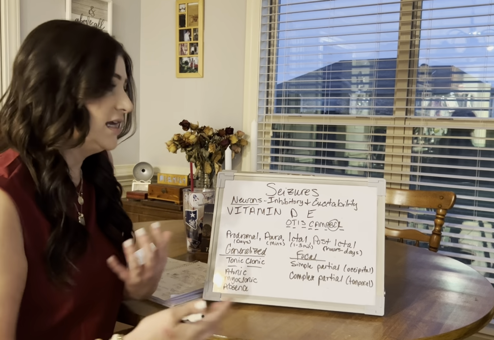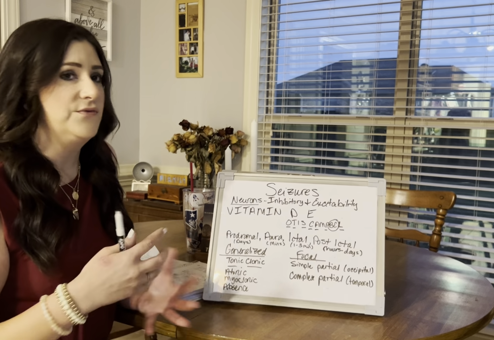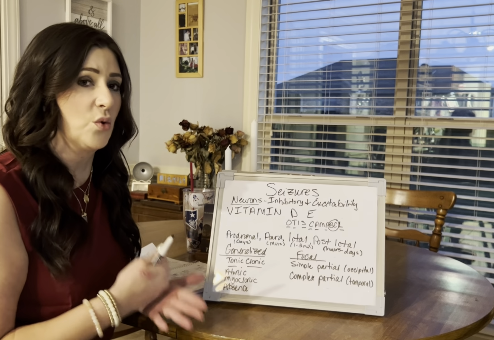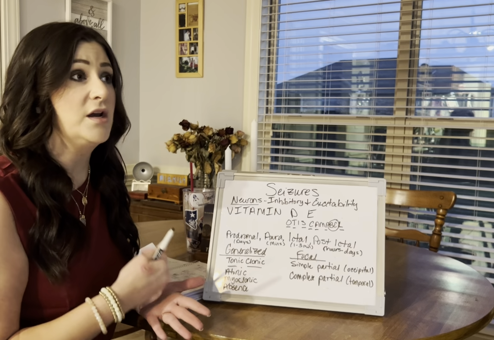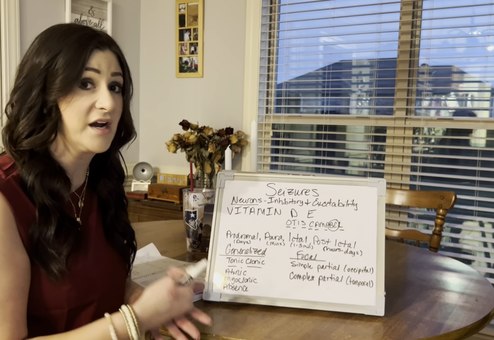They may have the inability to speak or something like that. So it can just vary widely. And again, if you have somebody that has a seizure disorder, ask them what an aura typically looks like for them, so you as the nurse can be prepared for that.